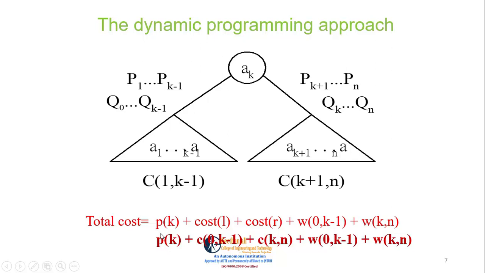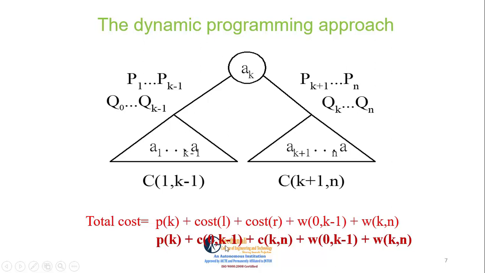The same thing, if I represent it in a mathematical way, is P of k, the probability of the kth element, plus C of 0 comma k minus 1, that is the cost of the left subtree. When I say C of 0 comma k minus 1, what elements are there in it? It contains A1, A2 up to A of k minus 1 and Q0, Q1 up to Q of k minus 1.